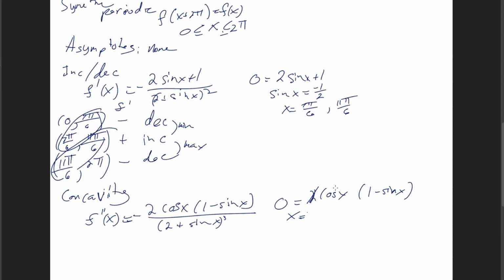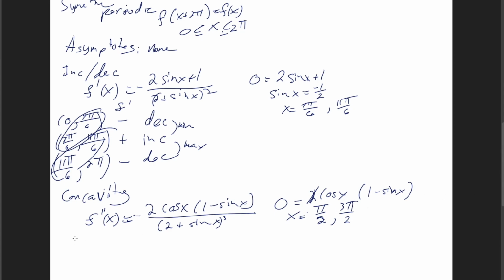Cosine is 0 at pi over 2 and 3 pi over 2. Sine of x will equal 1 where? Well, sine of x equals 1 at pi over 2. And so these are the only 2 points we need to test.